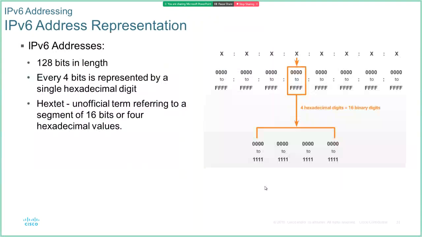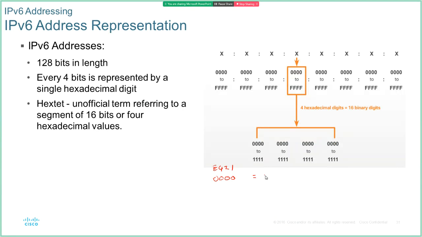IPv6, as we said earlier, is 128 bits. Now, we use a hexadecimal digit to represent 4 binary digits, just like the worksheets and what I went through on the whiteboard earlier. If we look at just the 4 binary digits on their own, quick reminder, those are 8, 4, 2, and 1.